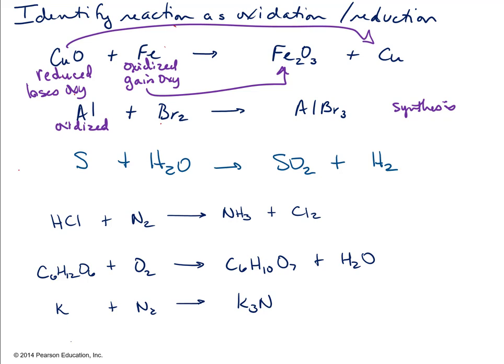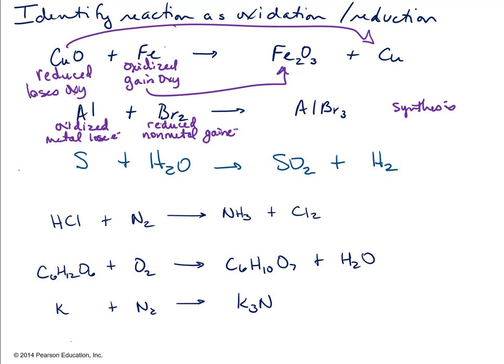So if it's a synthesis reaction, A plus B makes C, the metal always loses electrons. So that means that bromine is reduced because it is a nonmetal, and that's going to gain electrons. Okay, notice that it's always the reactants that get identified this way, never the products.